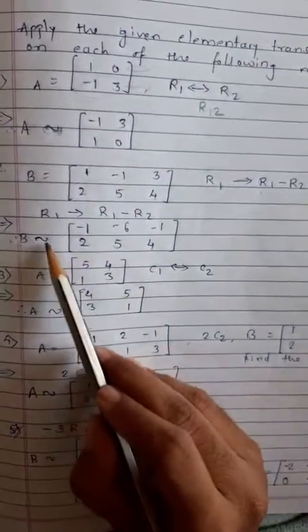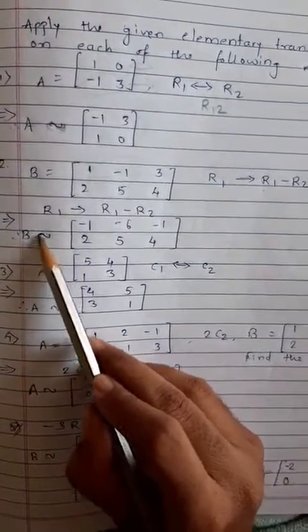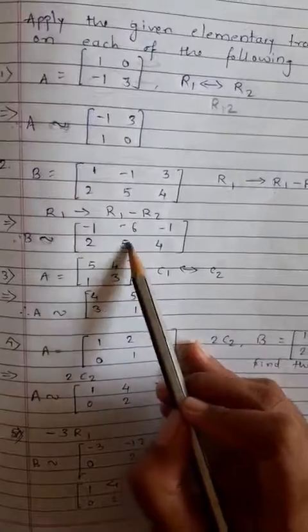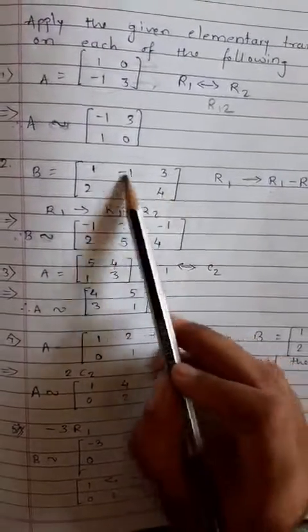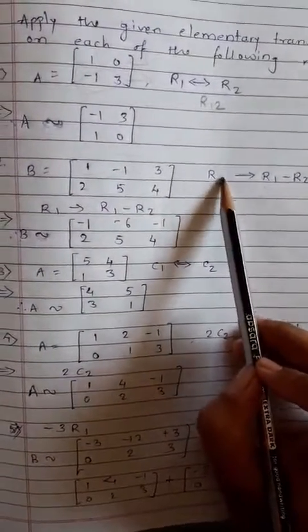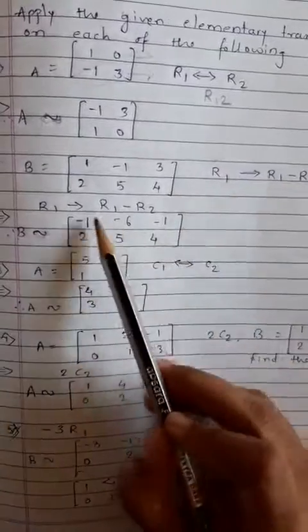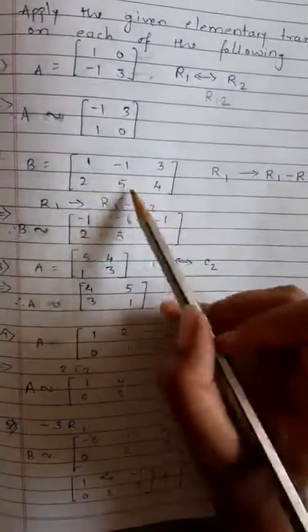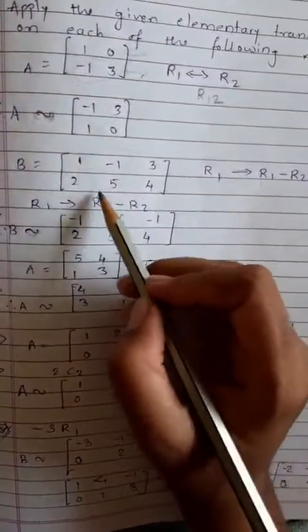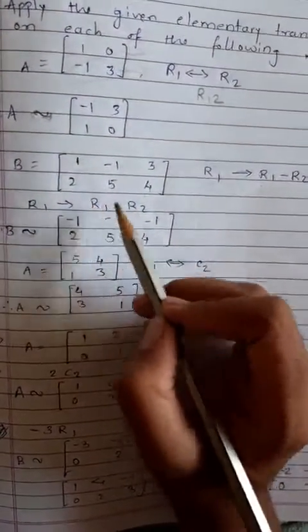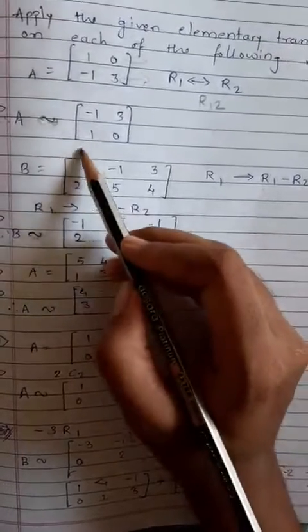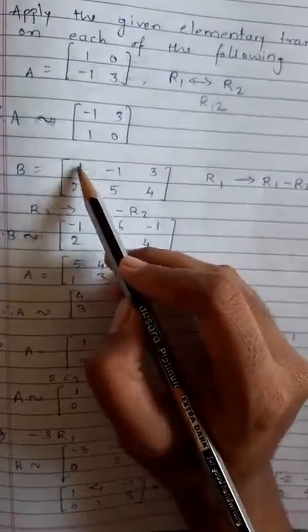Okay. So in B, after the operation, this new matrix will be, the second row will be as it is, because here we are operating on the first row only. So first we will write the second row as it is, 2 5 4, or let us first do the operation. So R1 minus R2, only we are operating on the first row.